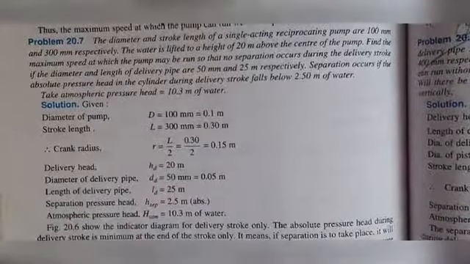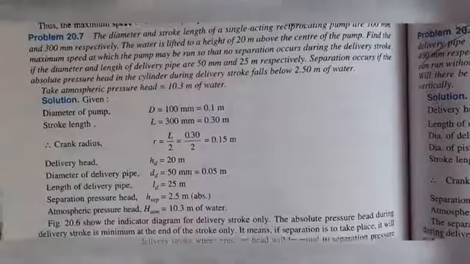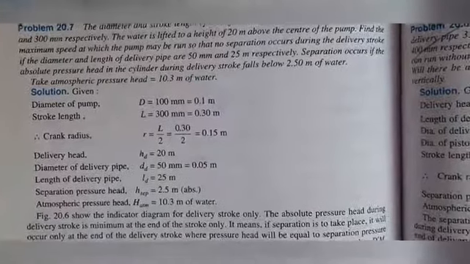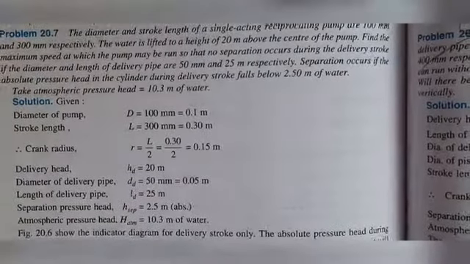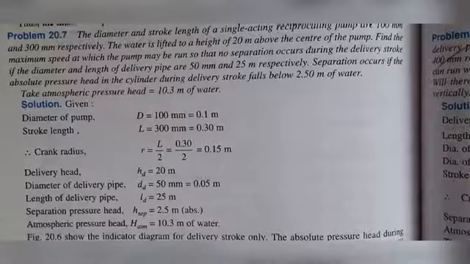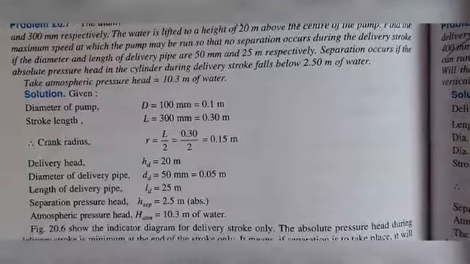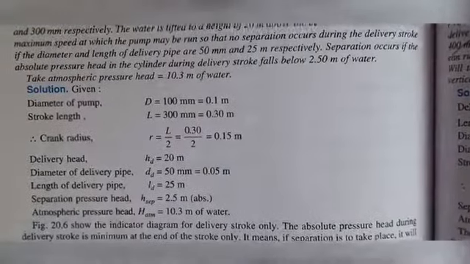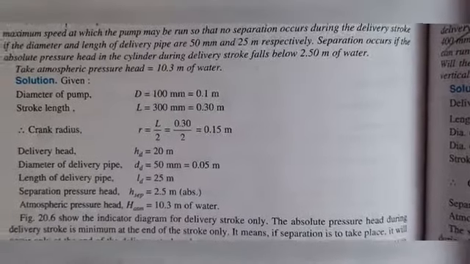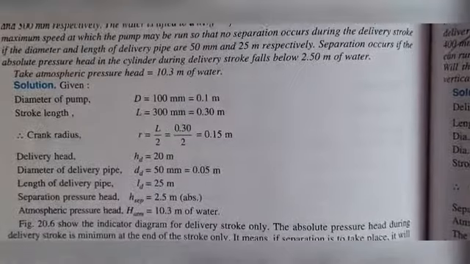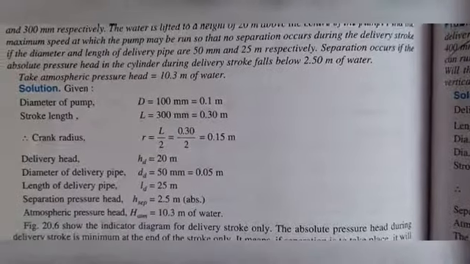If the diameter and length of the delivery pipe are 50 mm and 25 meters respectively, separation occurs if the absolute pressure head in the cylinder during the delivery stroke falls below 2.5 meters of water. Take atmospheric pressure head 10.3 meters of water.